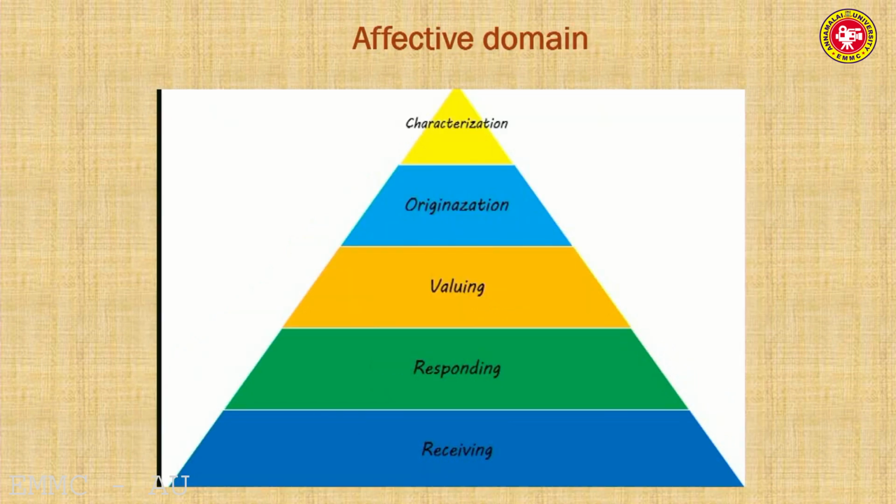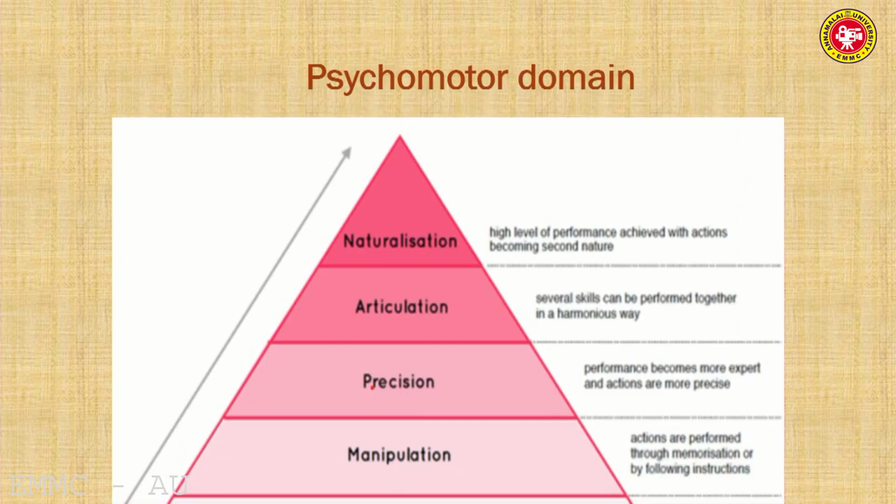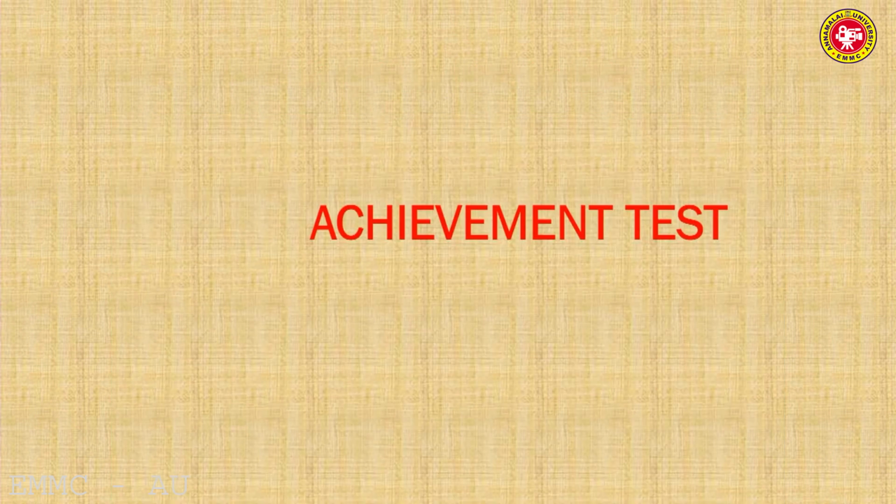Then the next domain, affective domain, explains 5 objectives: receiving, responding, valuing, organization, characterization. Next, the third one, psychomotor domain. In this, 4 objectives are explained: manipulation, precision, articulation, naturalization.